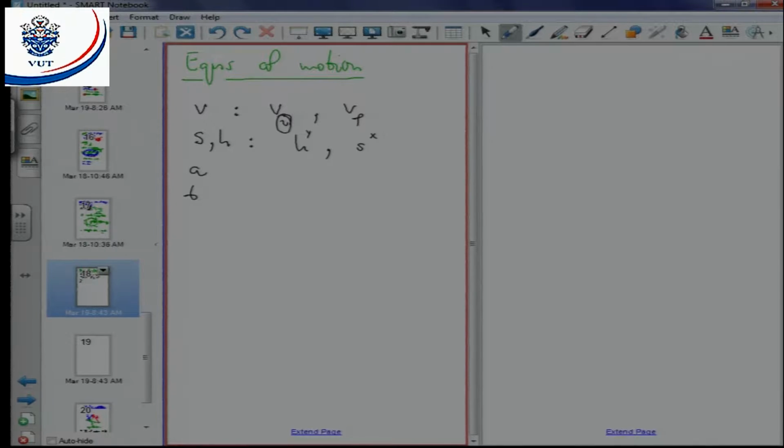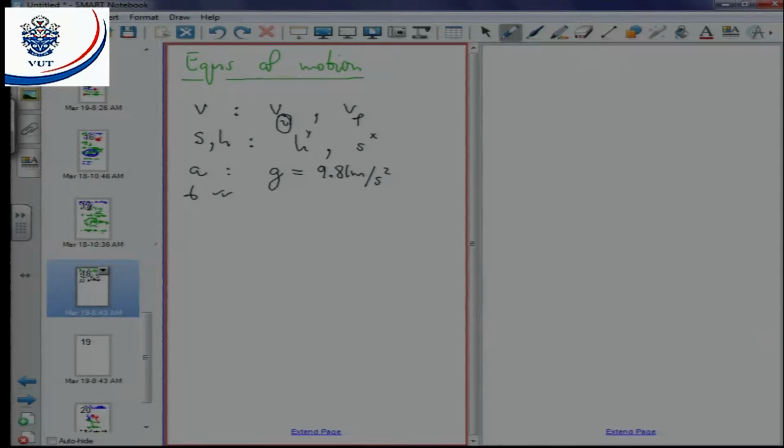Okay, and then acceleration, there's a notation. When we have free falling bodies or something going towards earth, we normally use g for that, and g is known, it's 9.8 meters per second squared. If you want to be more accurate, you can say 9.81, and then t is always t.